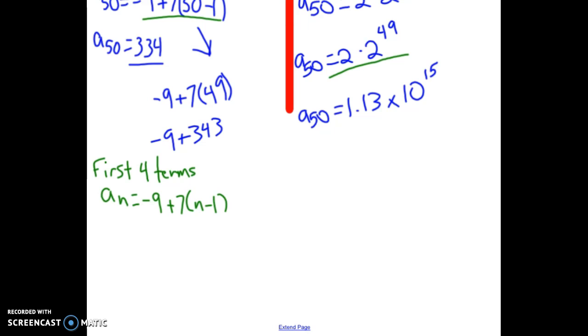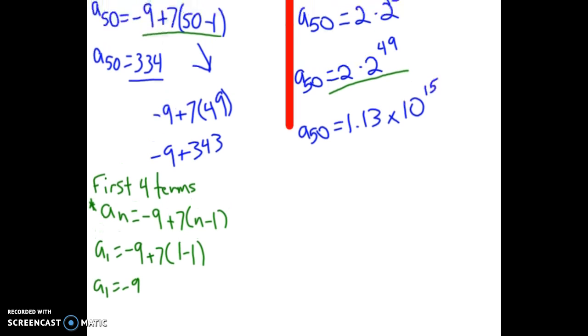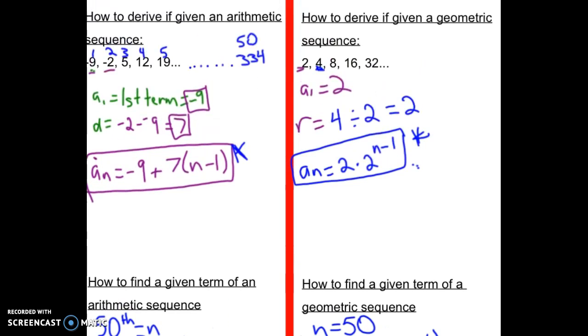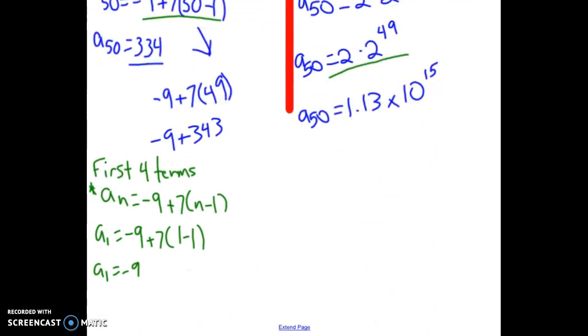First four terms of this explicit formula, I would just put, if I want a sub 1, the first term, I put -9 plus 7 times 1 minus 1. So the first term, -9 plus 7, 1 minus 1 is 0, so 7 times 0 is 0. The first term, a sub 1 equals -9. That should line up, because this is the explicit formula from above, that should line up with our first term of -9 up here.